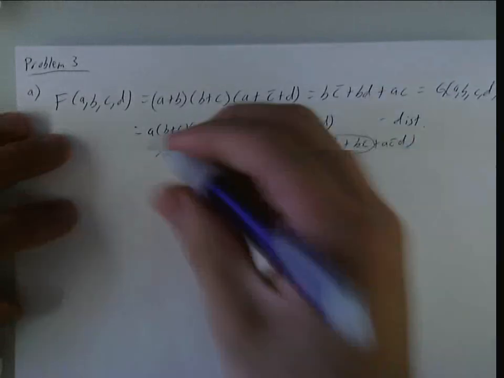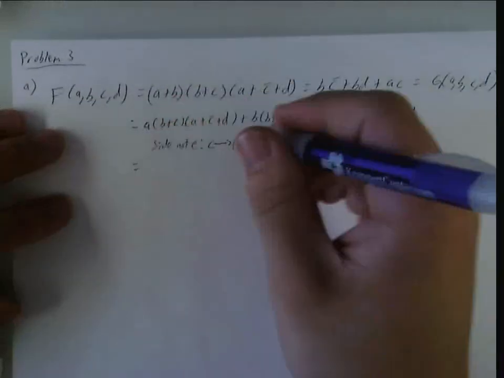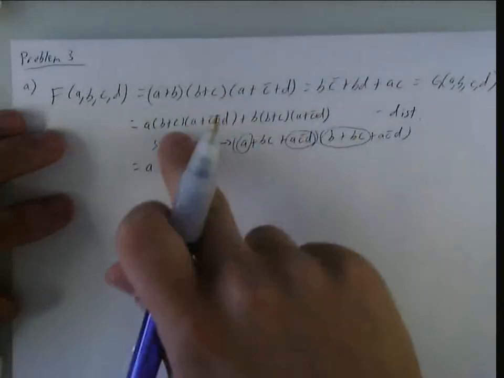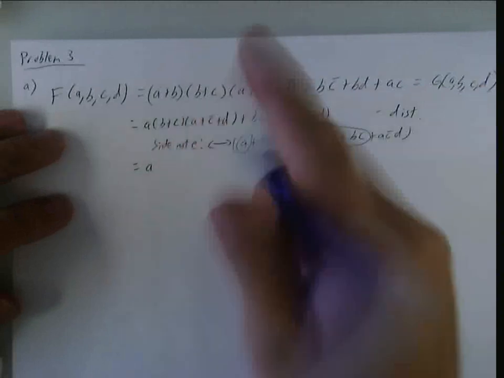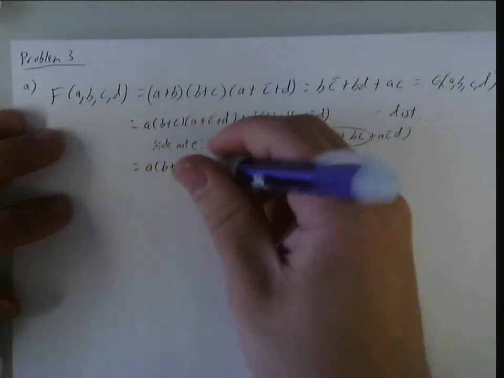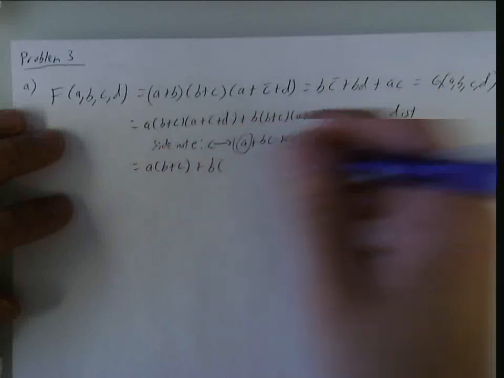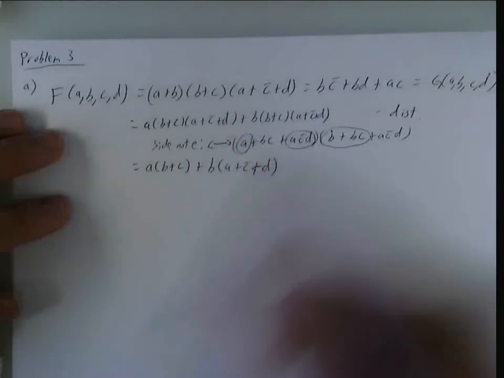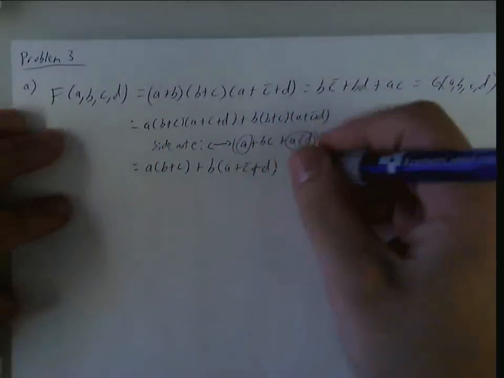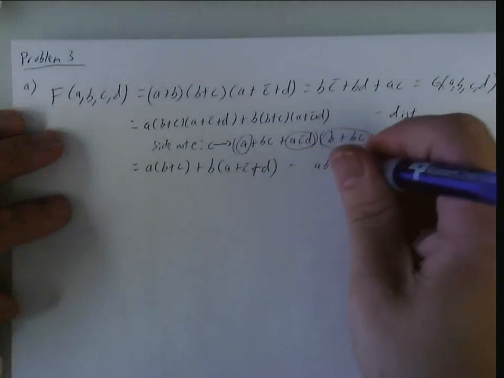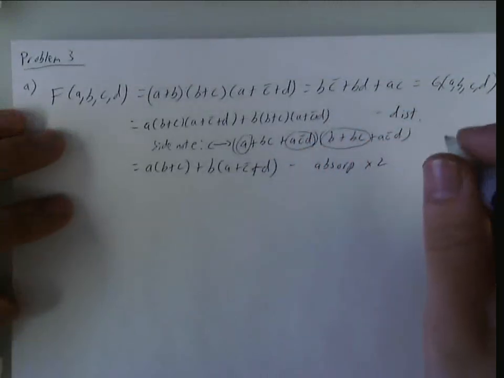So I'm going to get rid of those, absorbing in this domain. So this is going to become A, B or C, or B, A or C bar or D. And that is absorption times 2.